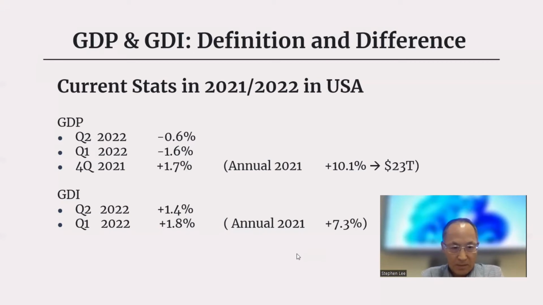Well, again, I'm not an expert on economics, but from the knowledge that we explained today, if GDI is positive continually for two quarters, what does it mean?